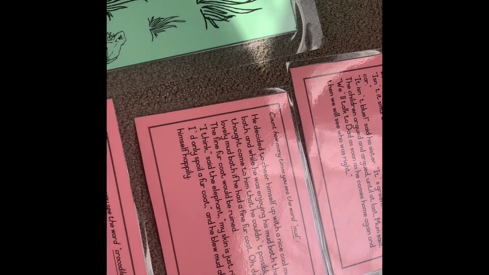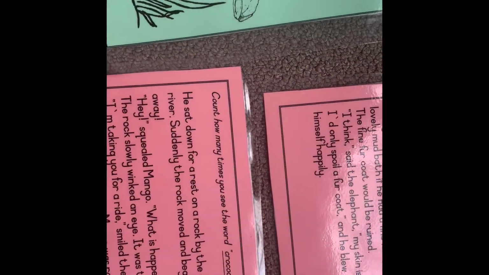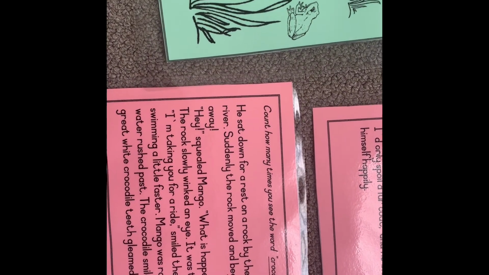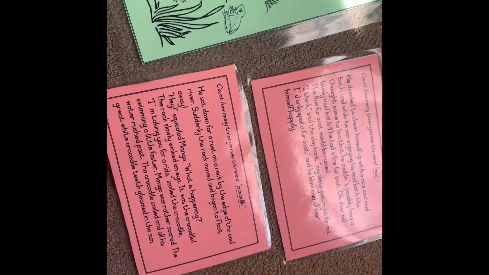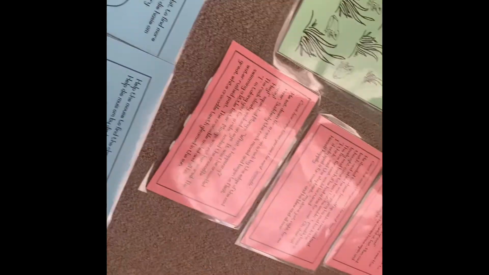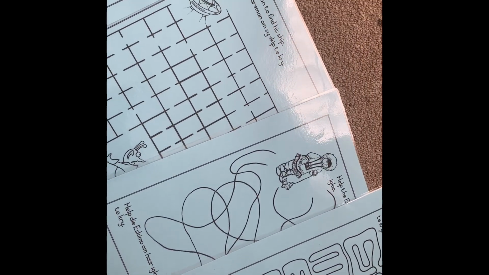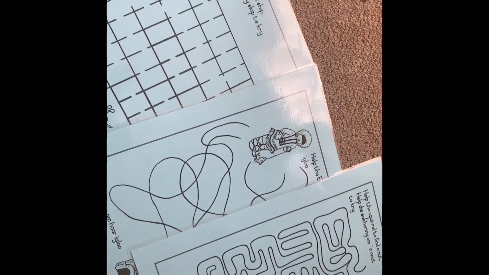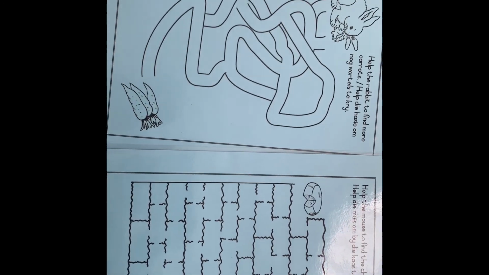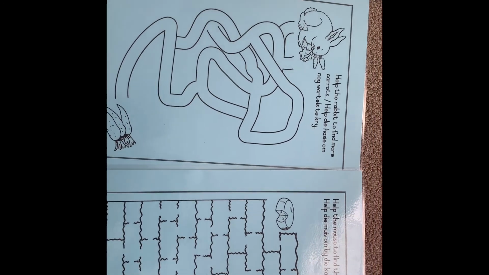Secondly, we have your hidden word letters. And there is 4 of them. We then have your path cards. And there is 5 of your path cards.